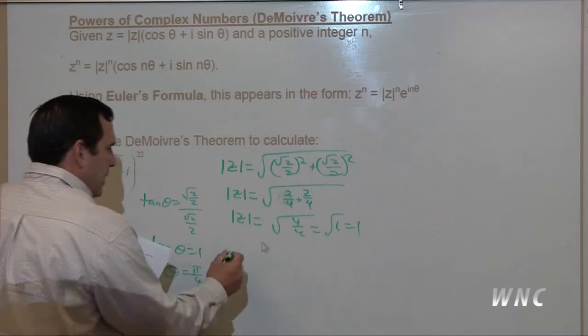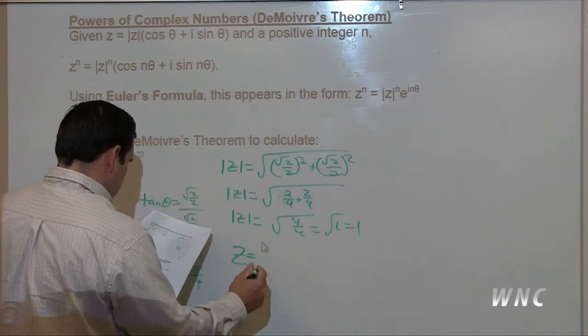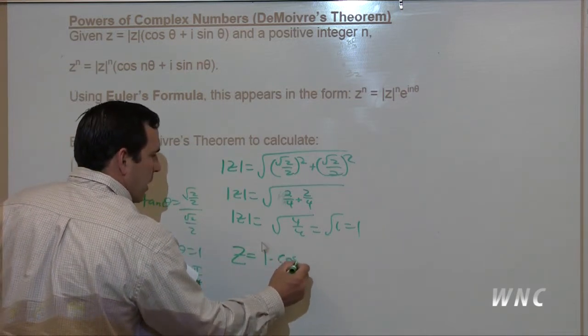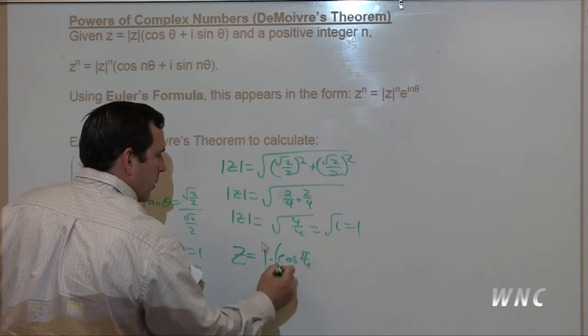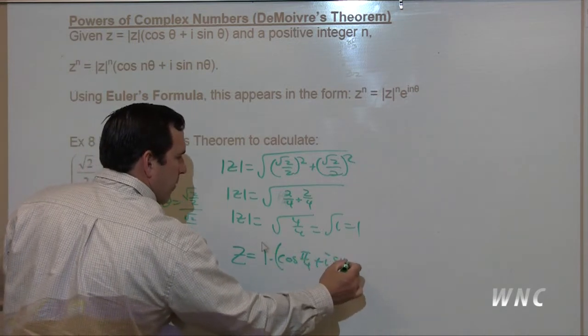So we can rewrite z as 1 times cosine of pi over 4 plus i sine of pi over 4.